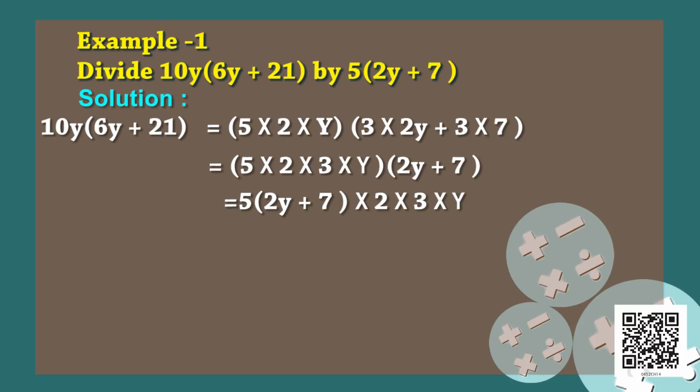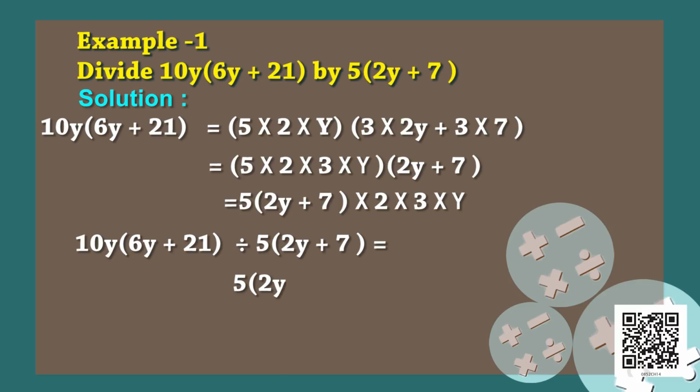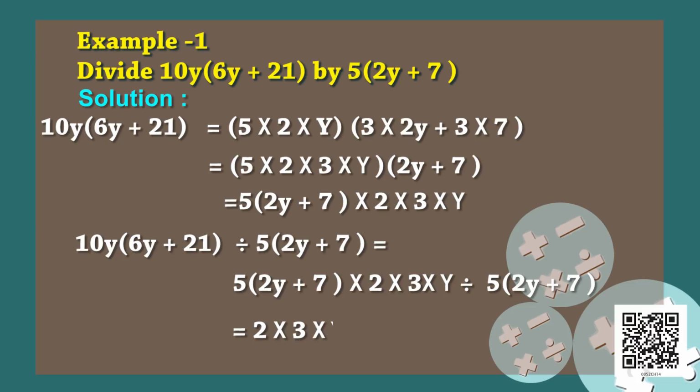Hence, we can write it as 10y into 6y plus 21 divided by 5 into 2y plus 7 is equal to 5 into 2y plus 7 into 2 into 3 into y divided by 5 into 2y plus 7. Hence, by cancelling the common term 5 into 2y plus 7, we have 2 into 3 into y. Therefore, it is equal to 6y.